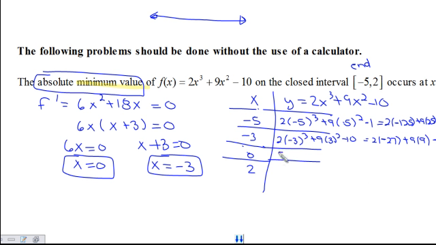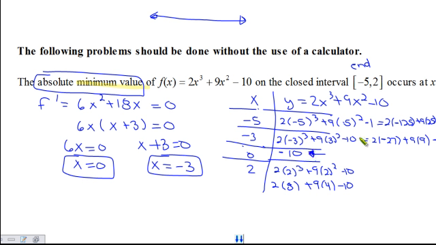Okay, when it's 0, that's -10. And then 2 times 2 to the third plus 9 times 2 squared minus 10. So it's 2 times 8 plus 9 times 4 minus 10. Okay. So far my lowest number is -10. So I need to figure out if any one of these is going to be smaller than -10.